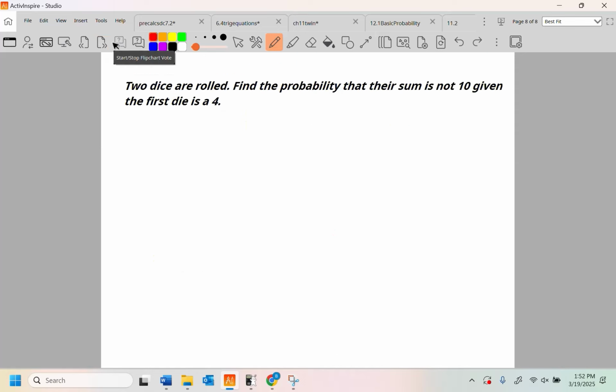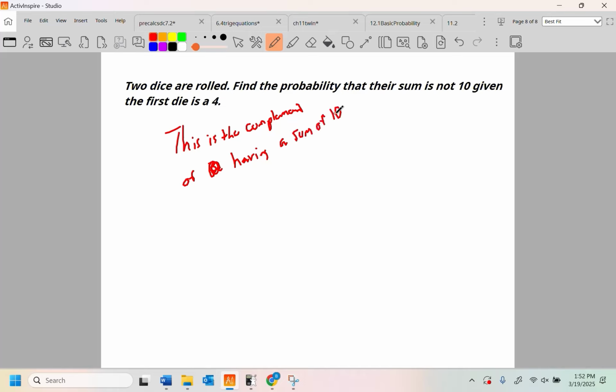All right, last one. Two dice are rolled. Find the probability that their sum is not 10 given the first die is a 4. So not 10 given the first die is a 4. This is the complement of having a sum of 10 given the first is 4.